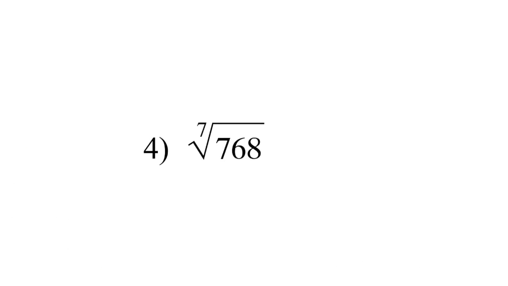All right, number 4. This one's different because we didn't make a 7th root chart for us. So we're going to look at this one, and you're going to have to use your calculators for this one. Okay? So take your calculators, and the first thing we have to do is find a 7th root that goes into 768.